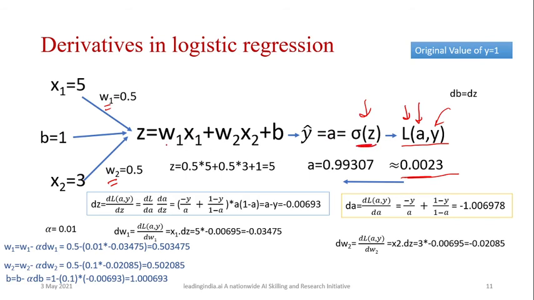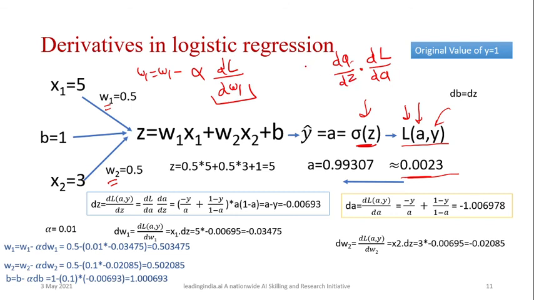Now z is a function of w1, w2 and b. So ultimately what you have to compute is dL upon dw1 to modify the w1 value. So you can say w1 equals w1 minus alpha dL upon dw1. Now in order to compute dL upon dw1, first you will compute dL upon dA, then you will compute dA upon dz.